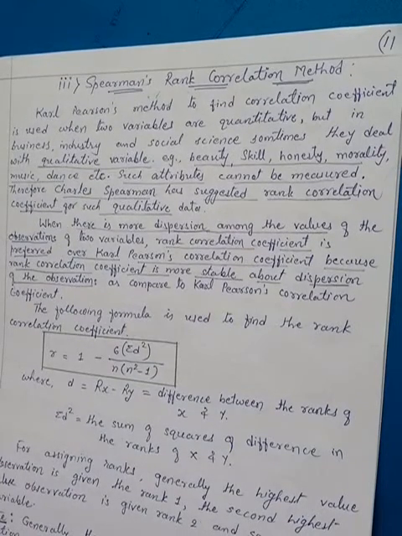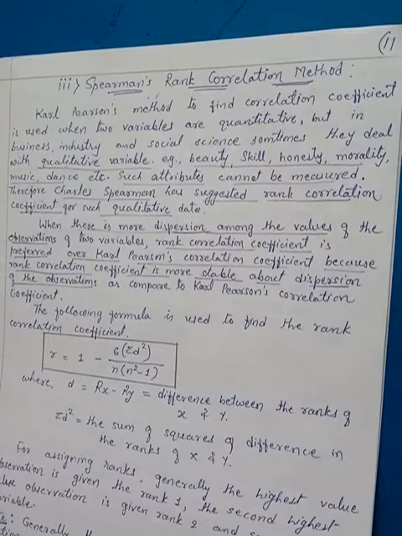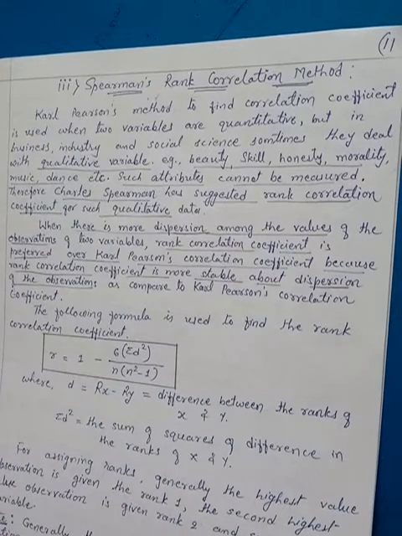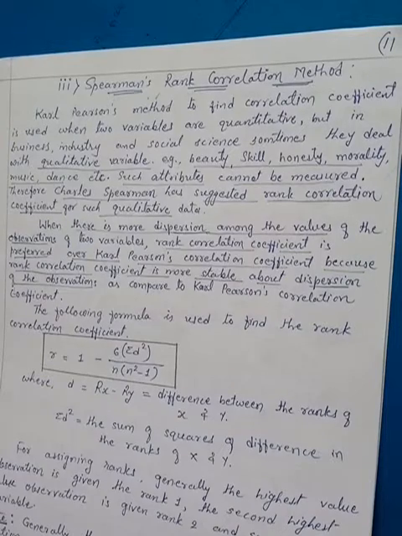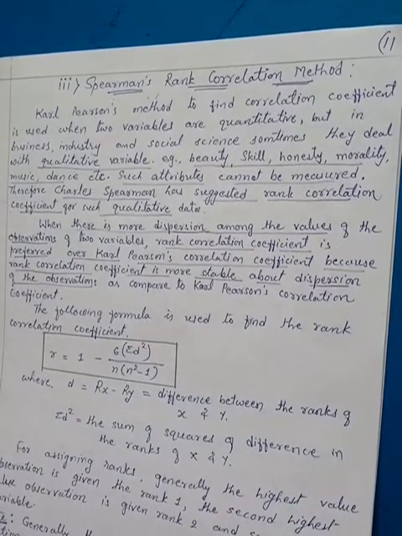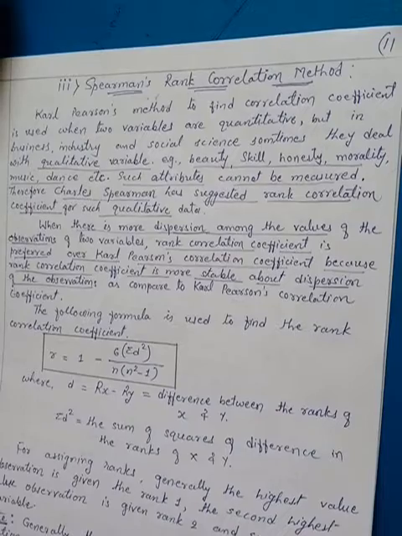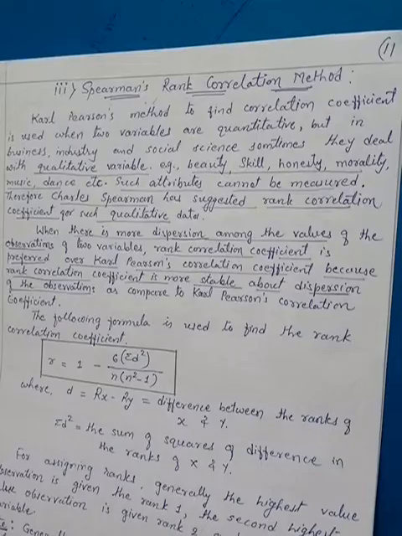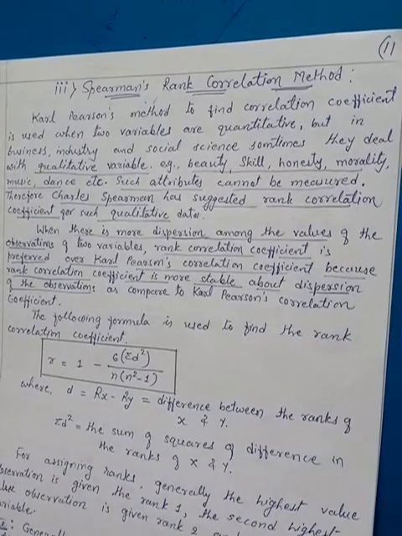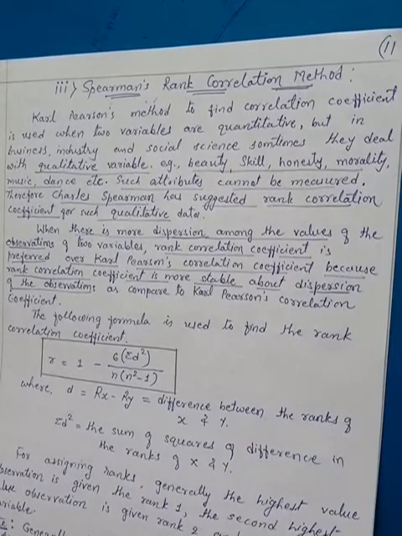So ranks can be assigned to this kind of attributes. By assigning the ranks, we can find the correlation coefficient, which is known as the rank correlation coefficient, and such a method is provided by the statistician Charles Spearman. That is why it is known as Spearman's rank correlation method.